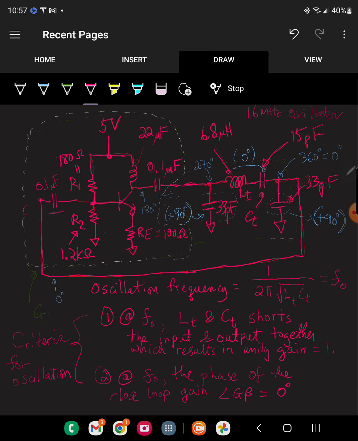At the input, the phase is 0 degrees coming in, and then you go through the amplifier. There's some gain, but it's an inverting gain, so the phase is 180 degrees at the output of this amplifier. Since this is such a huge cap, the phase is 0.